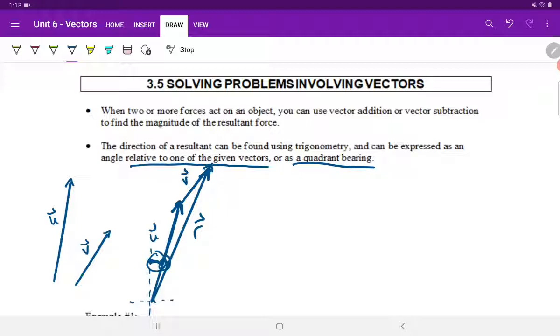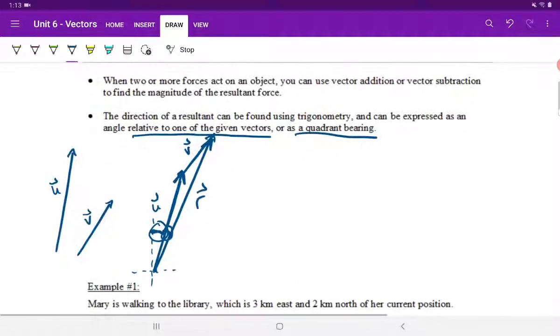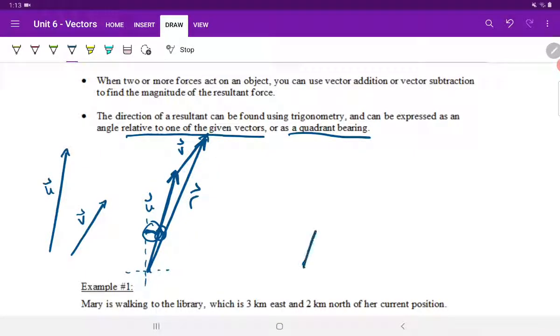If we're subtracting these two vectors, you take your first vector and draw it as is, but your second vector you draw in the opposite direction, head to tail. So in the opposite direction means that it will go this way.